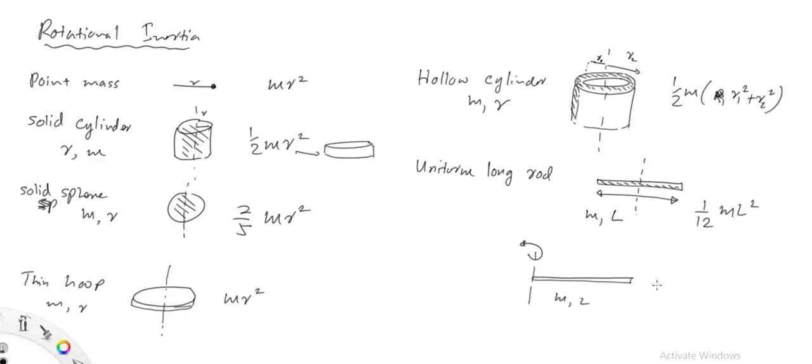Moment of inertia is given by 1 over 3 ml squared. You see, this is 4 times bigger than rotating it around the center axis, right?